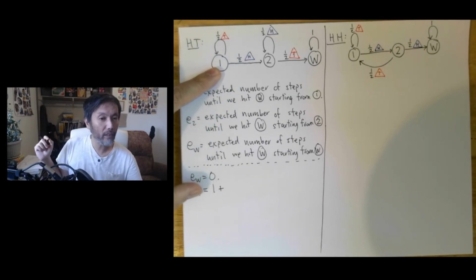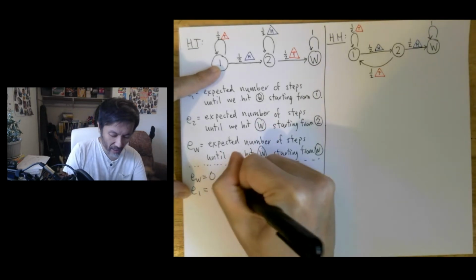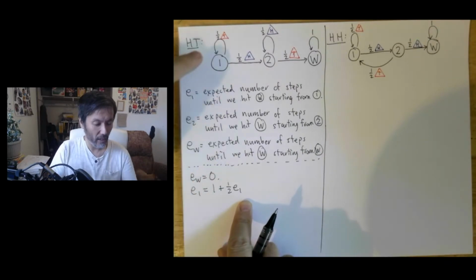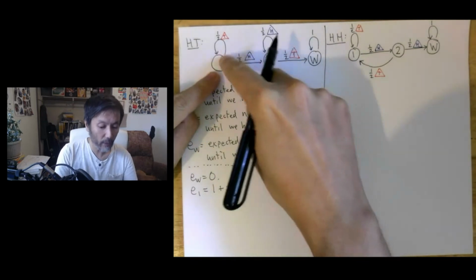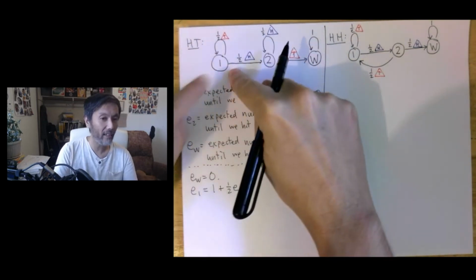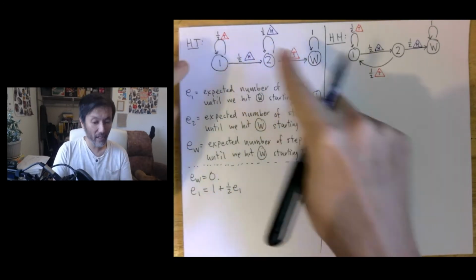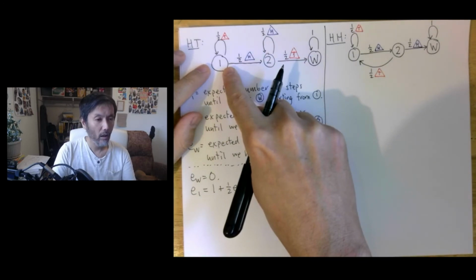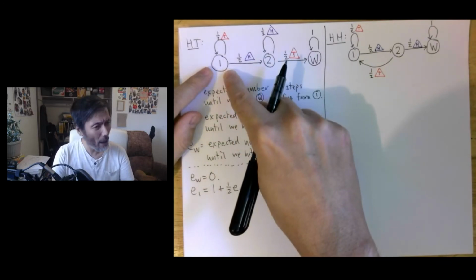And when that happens, what we're going to add to this is 1/2 of the expected number of steps to get from 1 to W, because 50% of the time we stay in this state 1. And so the number of steps that it takes to get to W, of course, does not change just because we were in state 1 and then re-entered it. I hope that makes sense.